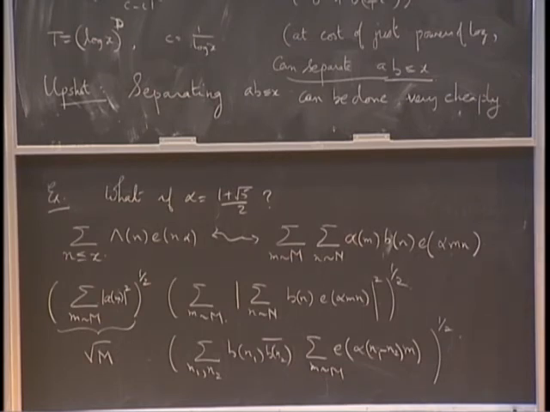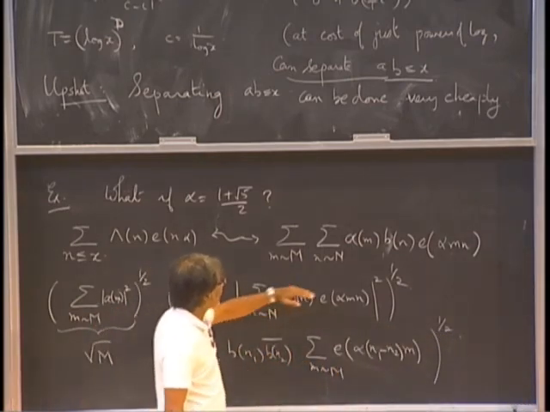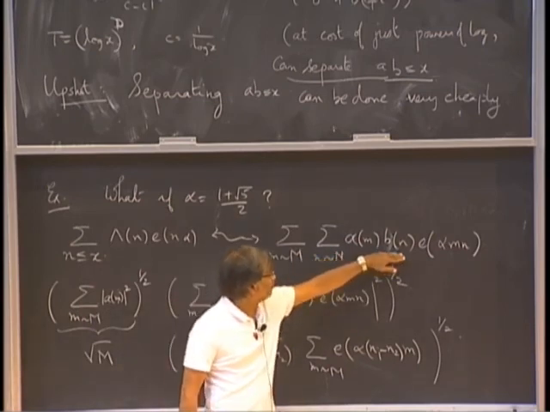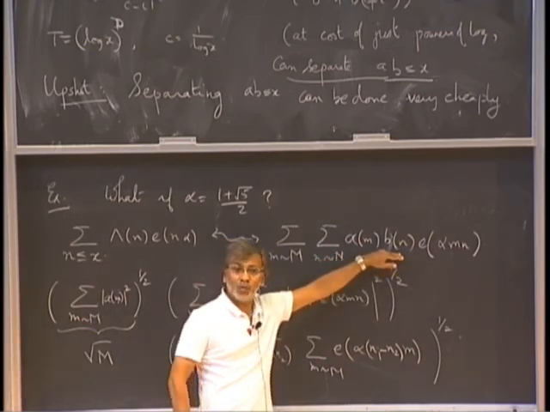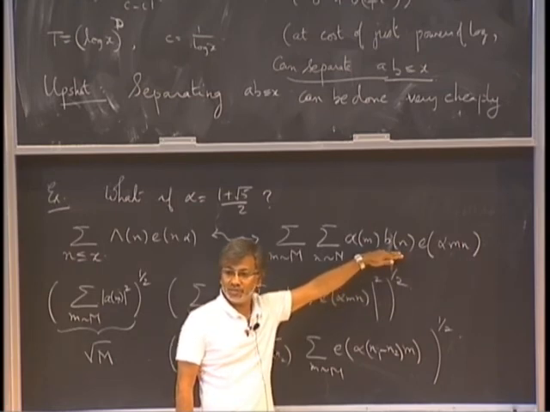So now you see the advantage I have gained by using Cauchy-Schwarz. I had two variables, a of m and b of n, both of which were essentially arbitrary numbers. I didn't know anything about a and b.